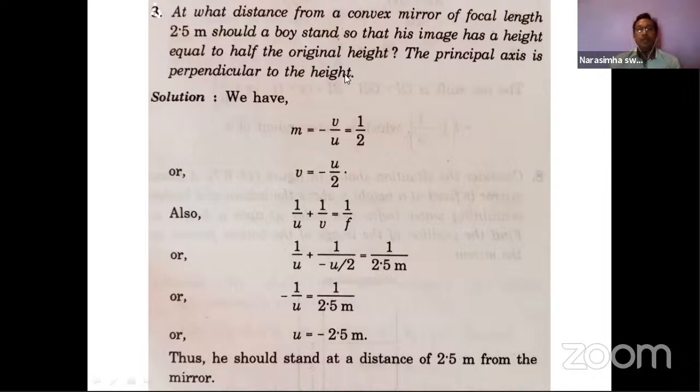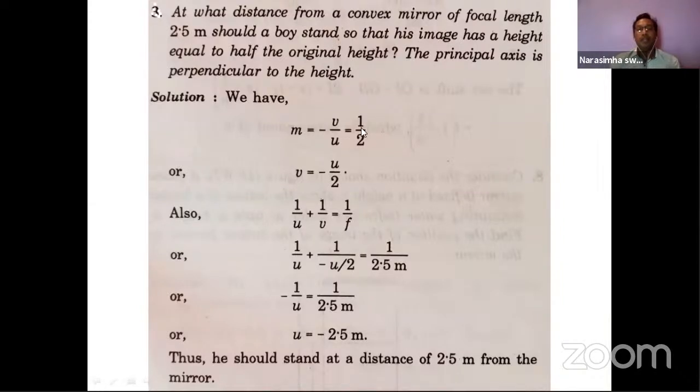That's okay. What information is given? Focal length is given. And what kind of mirror is it? Convex mirror, so the focal length is 2.5. What other information do we have? Magnification. The size of the image should be half of the original, right?